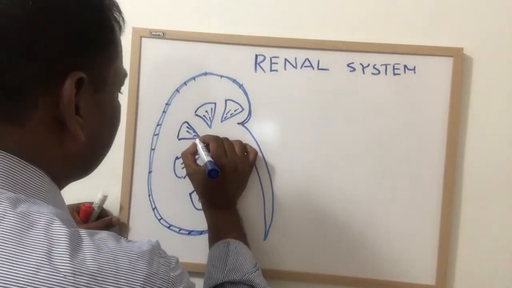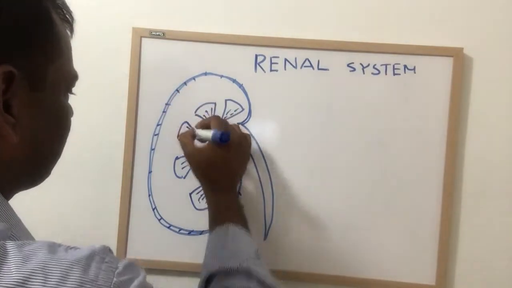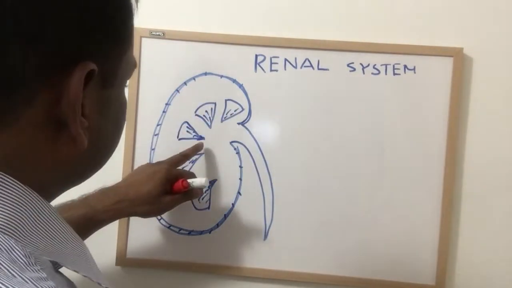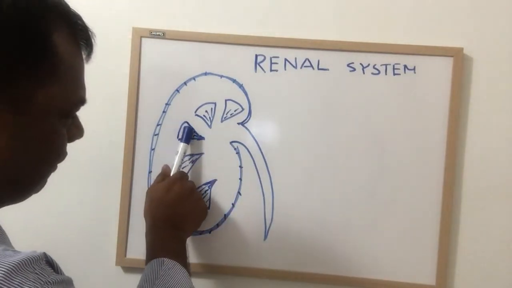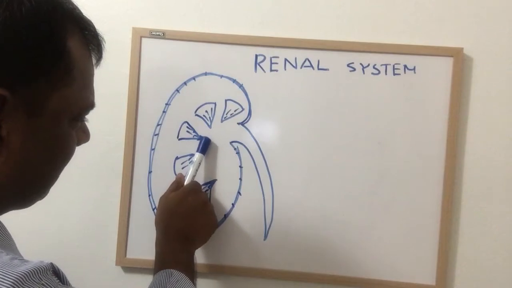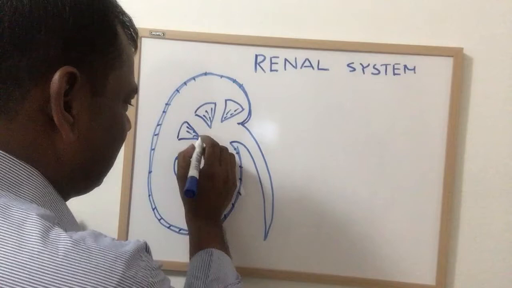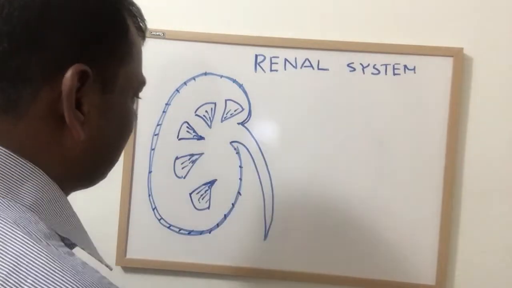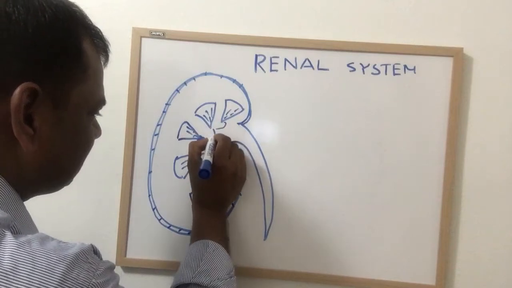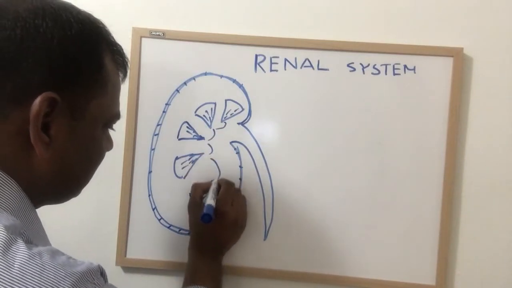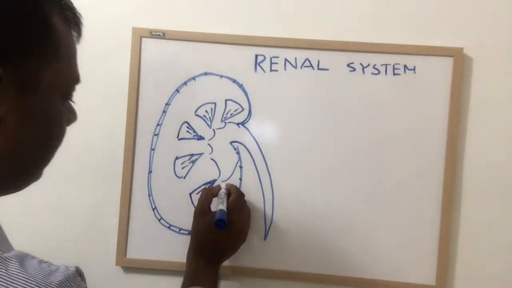When urine comes to this area from the cortex, urine gets deposited in this area, and there is a nipple-shaped opening, a very small opening, so urine can pass. This is the calyx.